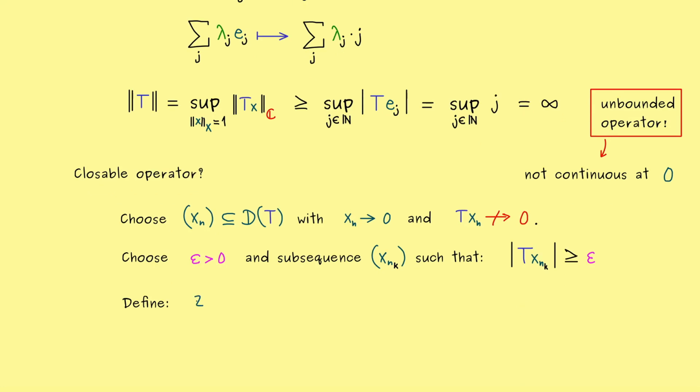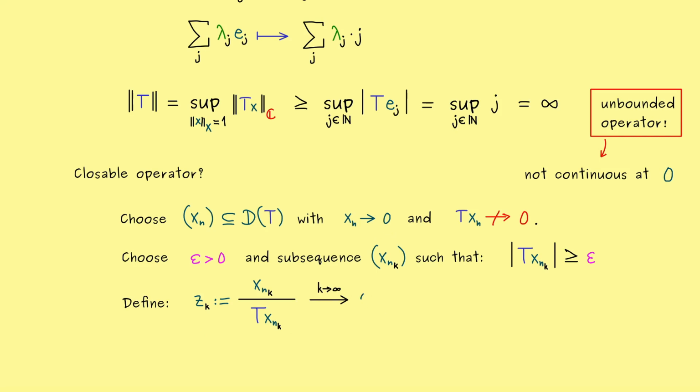Hence, we can define a new sequence and let's call it z_k. So we take x_{n_k} and then we divide this by the number T x_{n_k}. So this one is definitely a well-defined element in the domain of T. And moreover, if we increase k, we also see that this sequence tends to 0.